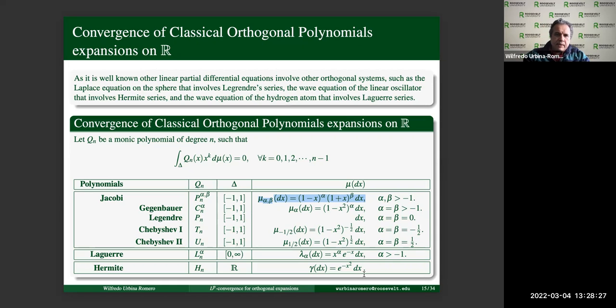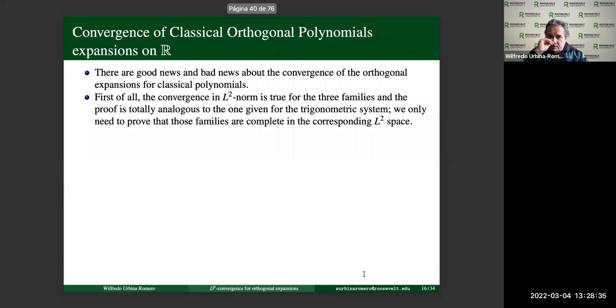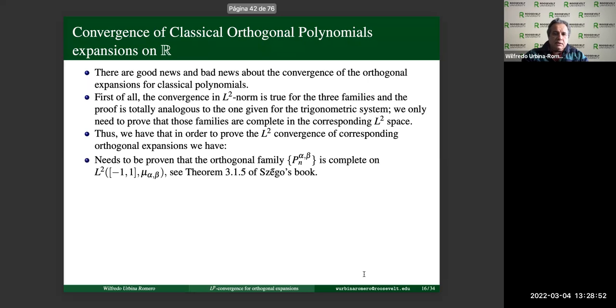Okay, so there is good news and bad news about convergence of the orthogonal expansion for classical polynomials. The L2 convergence is true for the three families, following the same idea that you have for trigonometric polynomials, which is that you need to prove that those systems are complete.